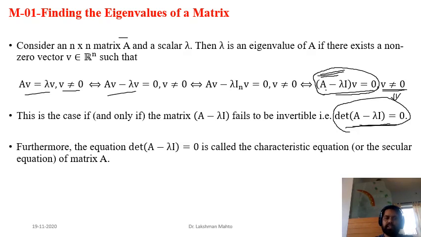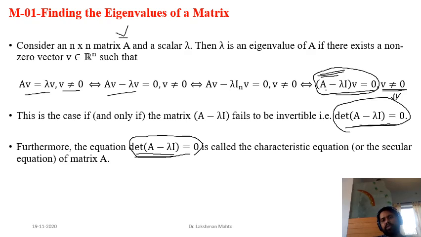So what is this? If you observe it in explicit form, determinant of A minus lambda I equal to 0 is nothing but a polynomial of degree n. Why? Because the matrix is of size n by n. So this would be a polynomial of degree n, and you are equating it to 0. That's why you get a polynomial equation. This polynomial equation we call the characteristic equation for the given matrix.